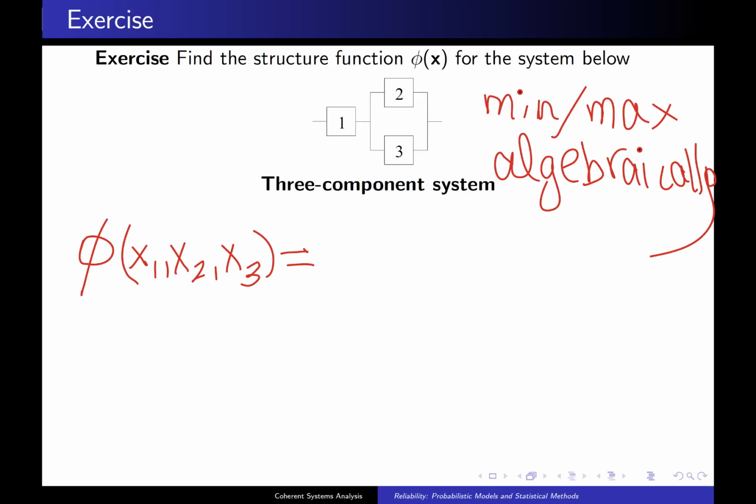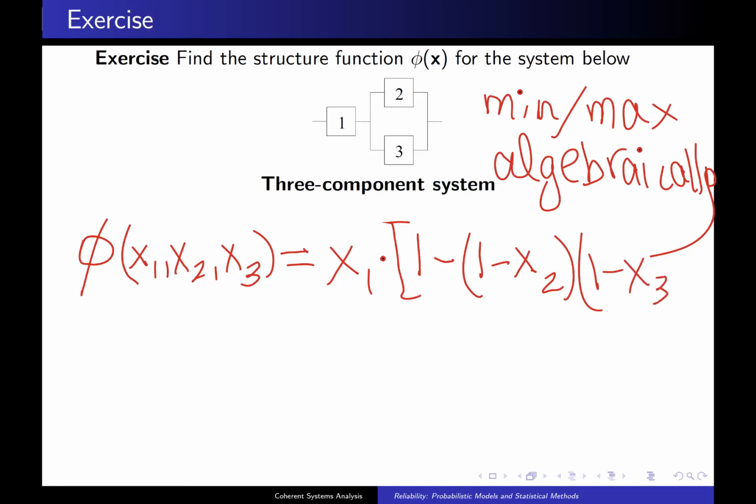And so the first component is x1, and because it's in series with this subsystem, it will get multiplied by the structure function for a two-component parallel system, which is 1 minus x2, 1 minus x3, and that's it. You could multiply that out if you wanted to, but leaving it that way is fine as well. Now that's doing it algebraically.